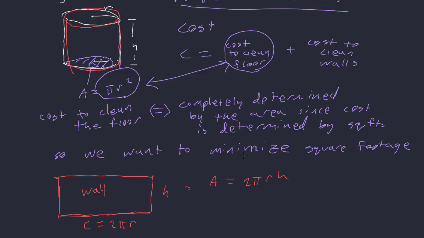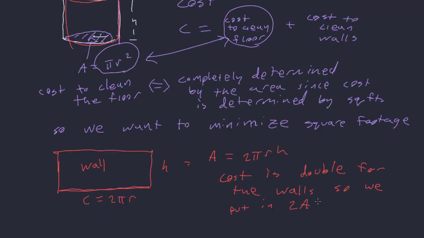However, the cost to clean the walls is twice as much as it is the floor. So we're going to count it twice in the cost. So cost is double. We can think about it as putting in twice the area, 2a. That is what we will put in here, this times 2.